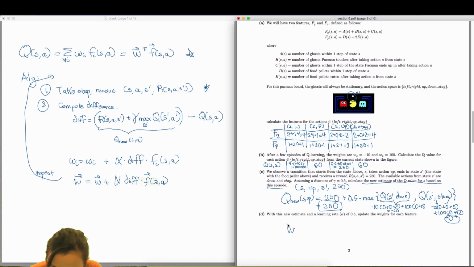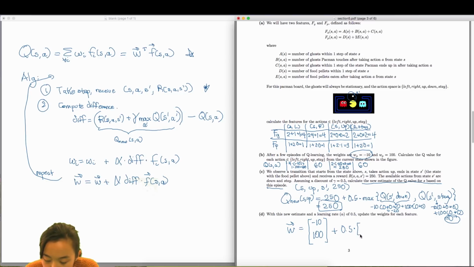So let's perform the weight update. It's going to be equal to the old version of the weights, so let's put old weight G in the first slot, and old weight P in the second slot, plus the learning rate times the difference.